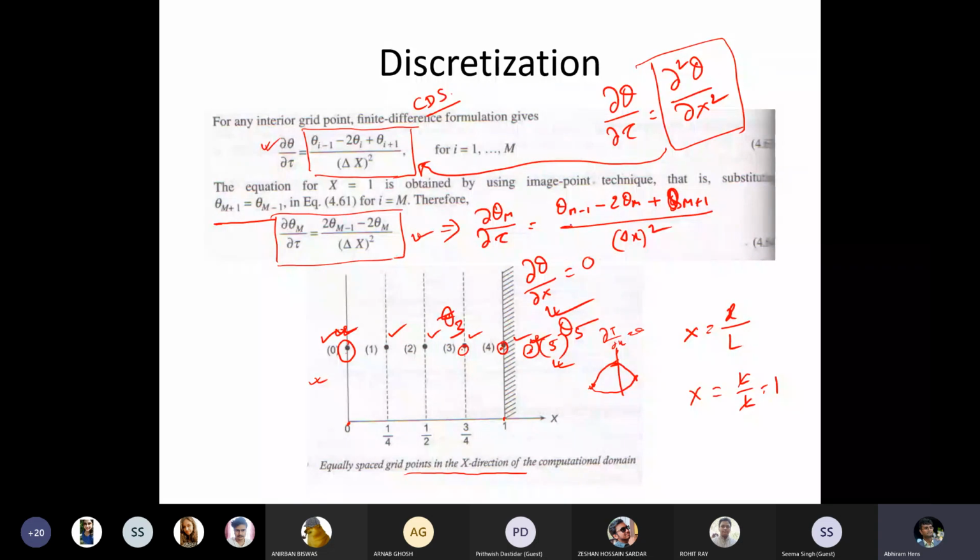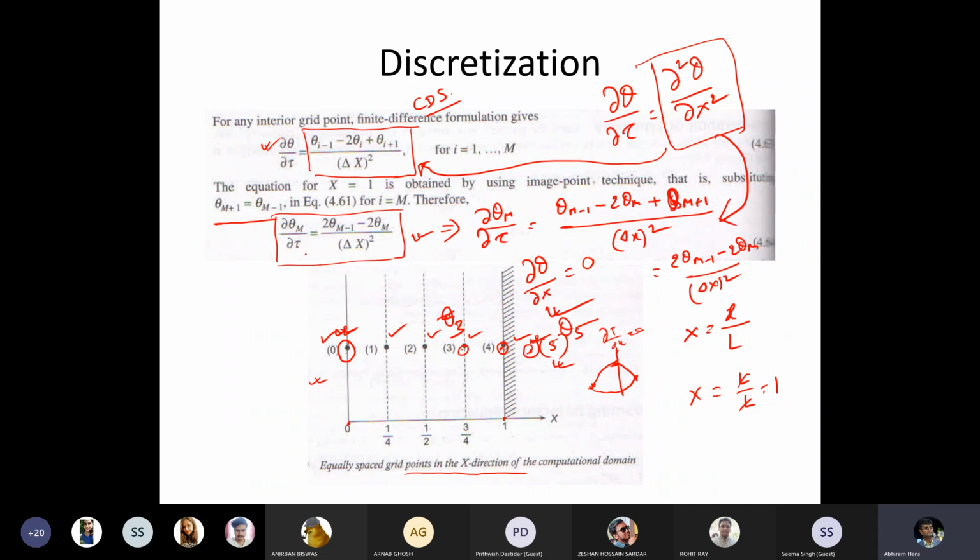Now this is called the central difference scheme, because I am discretizing this using the central difference scheme. Now this m plus 1 point is a fictitious point, which is equal to theta m minus 1. That is why we are writing it, because m plus 1 equals m minus 1. So 2 theta m minus 1 minus 2 theta m by delta x square.